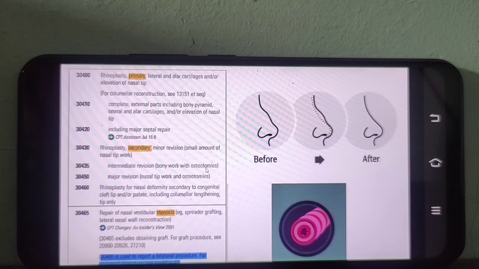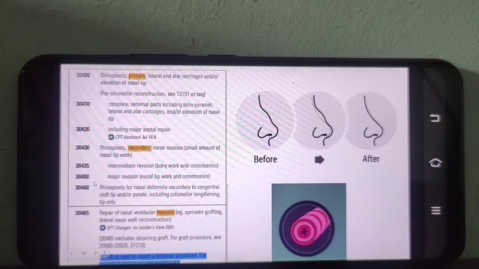So for intermediate revision, osteotomy is the key term for 435. For major revision, that means nasal tip and osteotomy, that is the key term. Nasal tip and osteotomy, both. Nasal tip alone 430, bony work alone 435, both means go for 450.